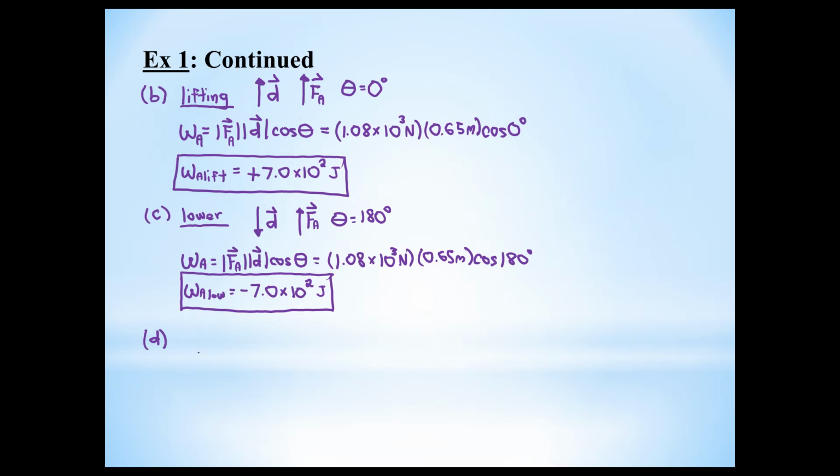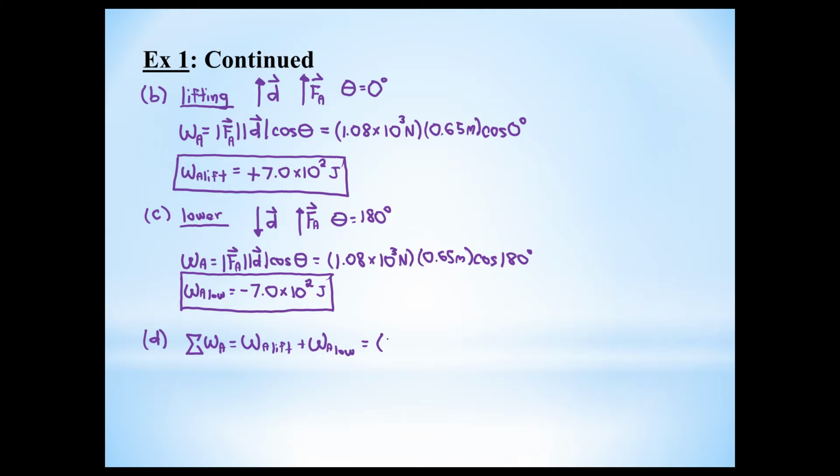Okay, so we can say sigma for net or sum. So the net work done by an applied force would be equal to the work done by the applied force in lifting plus the work done by the applied force in lowering.